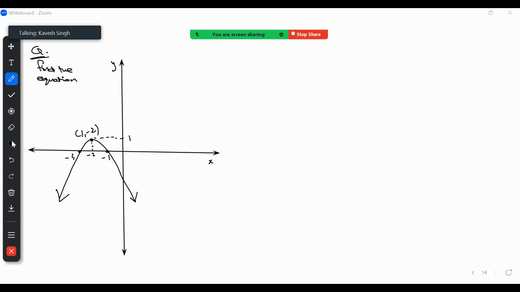Okay, let's go through this one. So y equals a(x - 1) squared - 2. That's my p and q. And I now substitute any one of these coordinates in here, so (-1, 0).